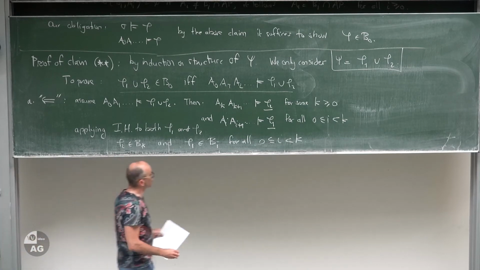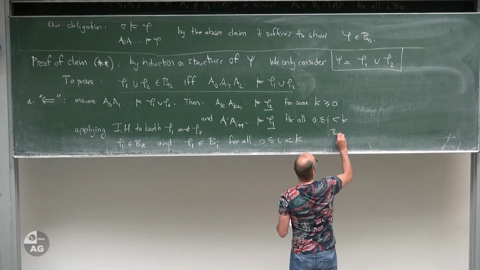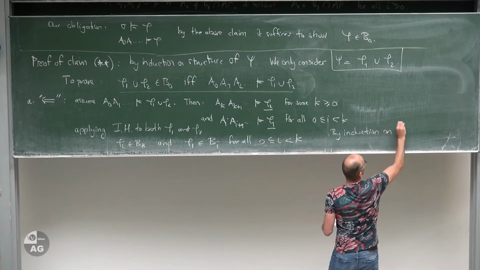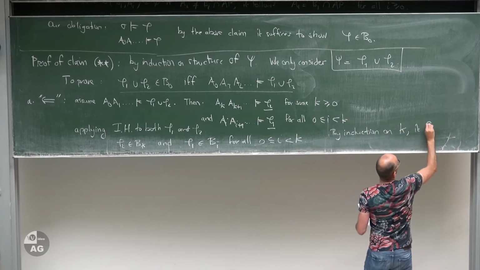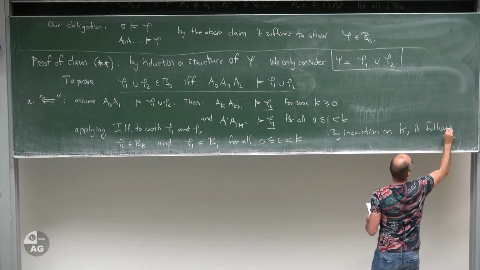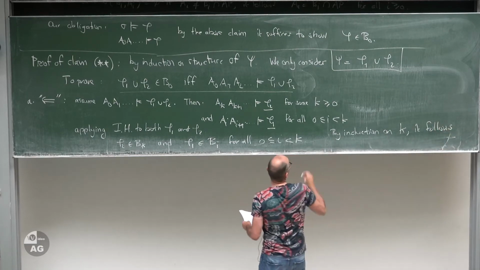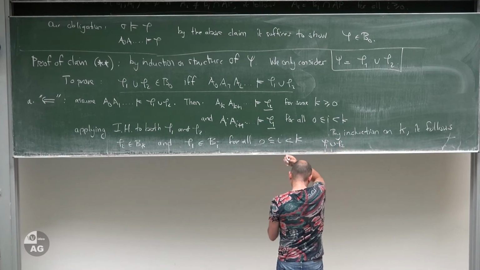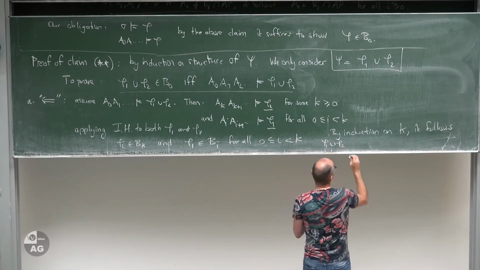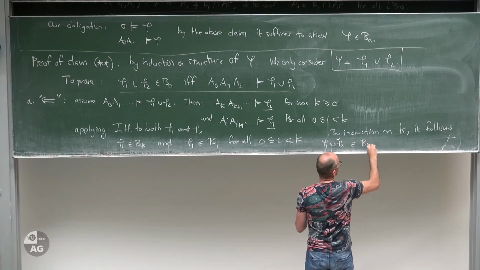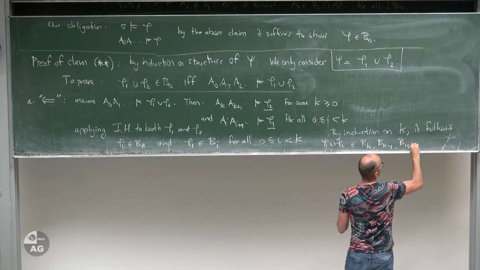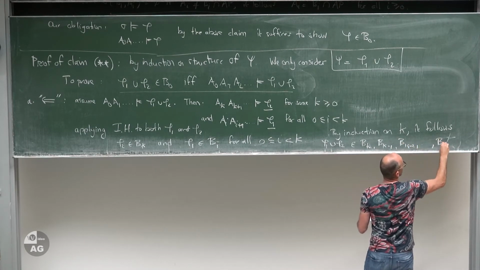Now you can apply induction on k. It follows that phi 1 until phi 2 belongs to B_k, B_k minus 1, etc. So induction backwards to B0.